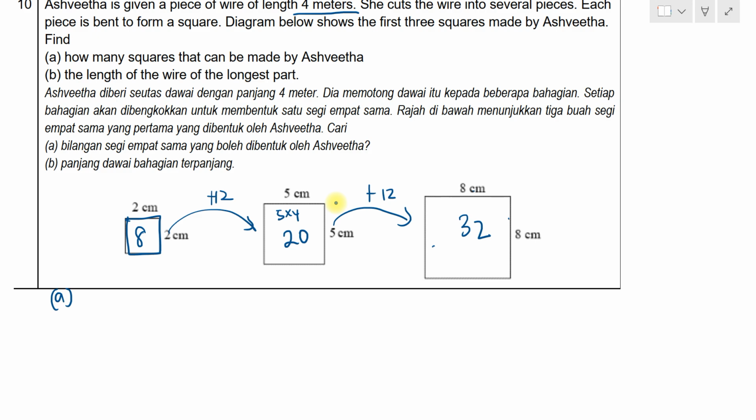We know the sum is 4 meter, right? But this one is in centimeter. So let n be the number of squares that can be made by Ashwita.